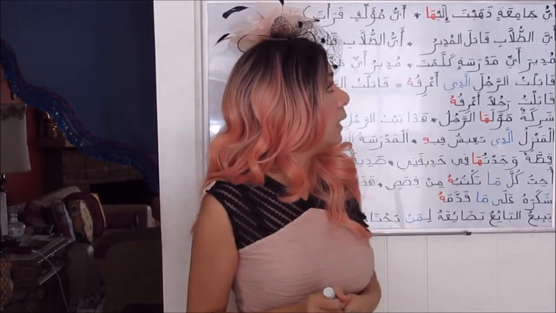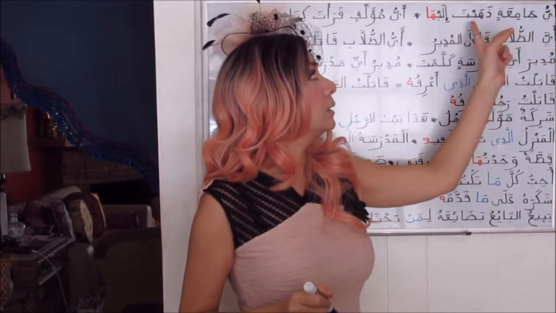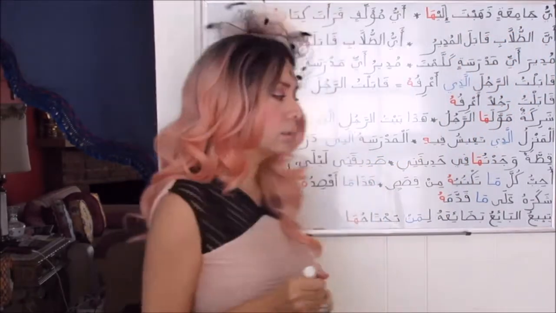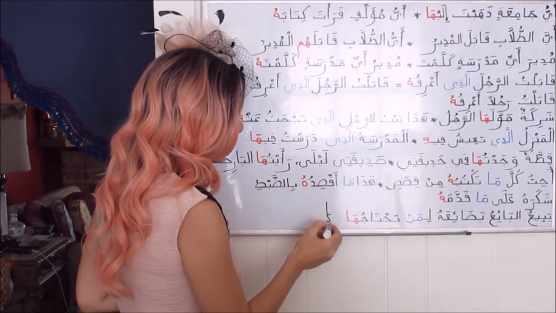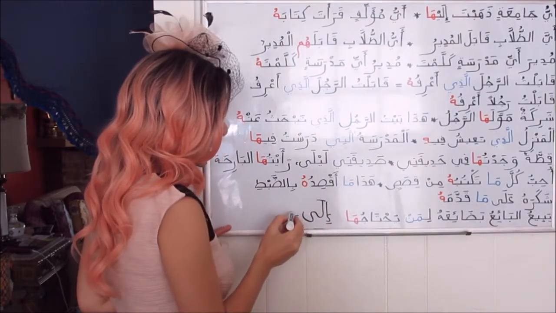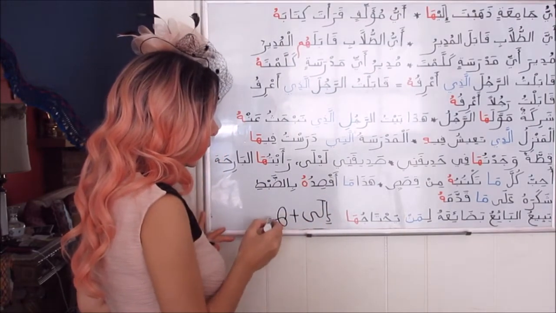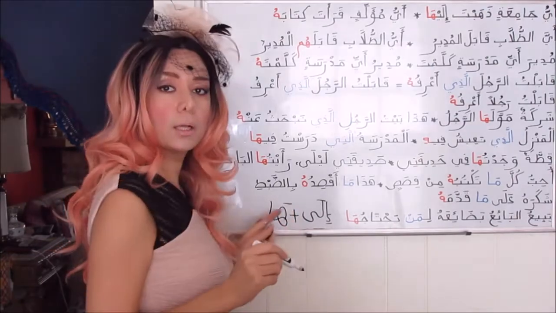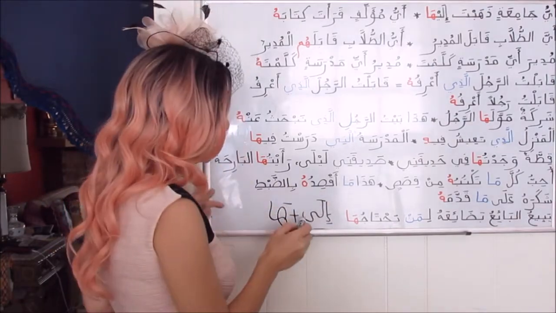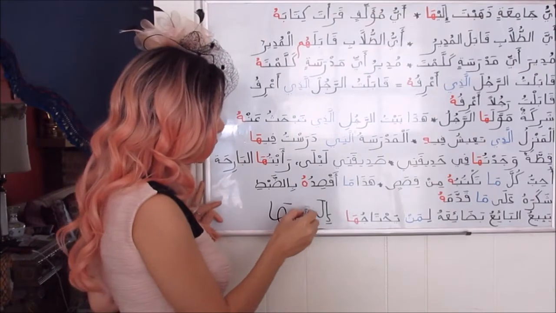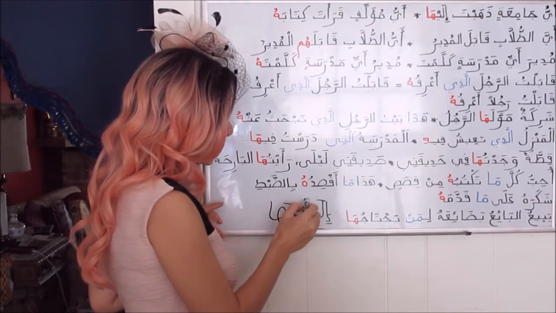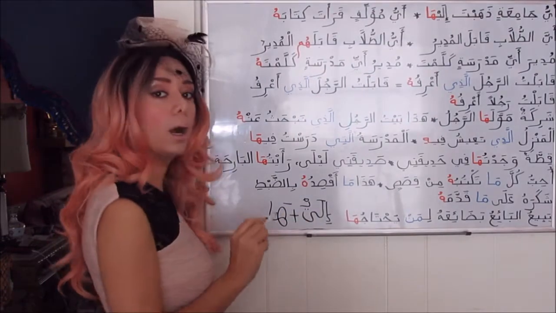Ha, third person, singular feminine. So here, أي جامعة ذهبت إلى, we can't stop there. We can't have that gap. Alright? We have to add ha. And to attach ha to the preposition إلى, the shortened alif will turn to a ya with sukun and then ha, إليها.